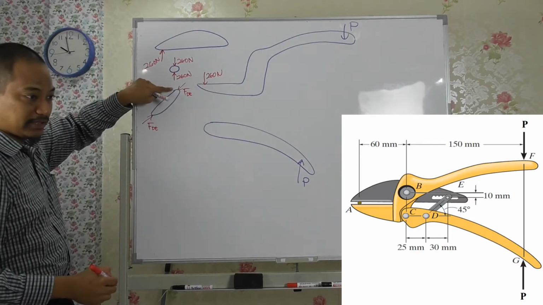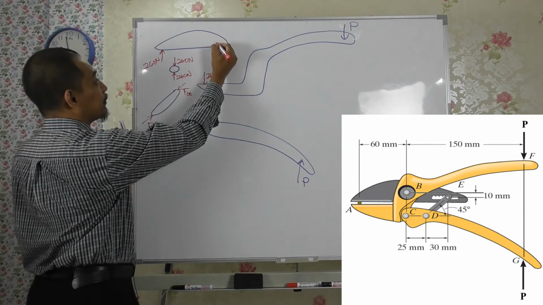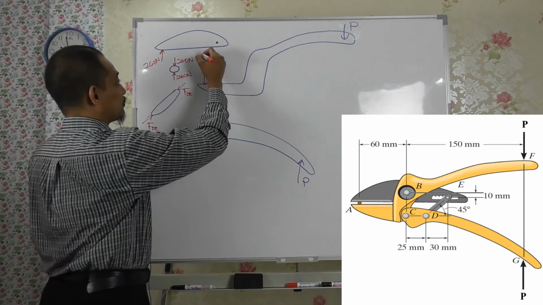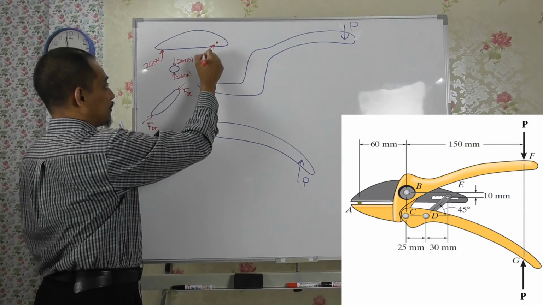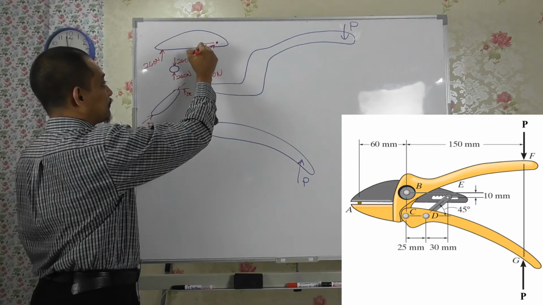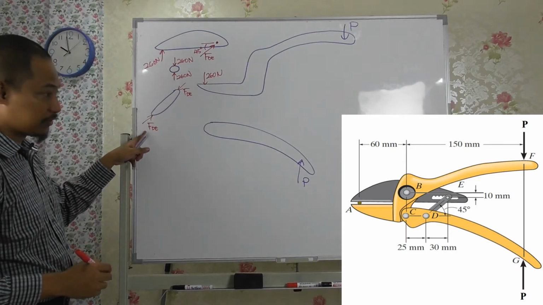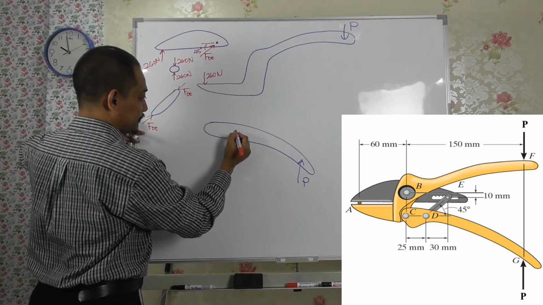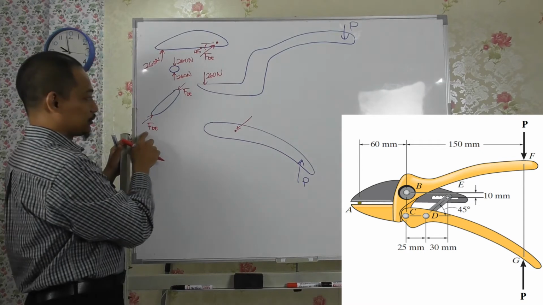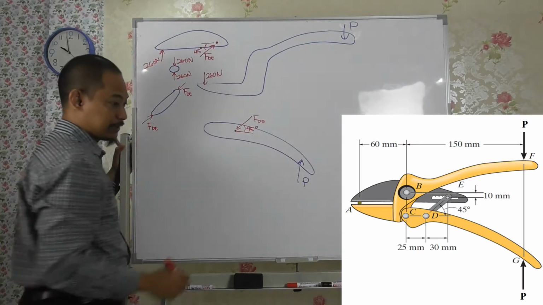Now the top part here is actually connected to this point here, somewhere here, at point E. So it has an angle of 45 degrees, so it's something like this, and we have FDE here, right? And then it has an angle of 45 degrees. So that's this point here. This point down here is connected to point D, somewhere there. So it will be like this. Corresponding to this one, it's this one, FDE. So this is also 45 degrees.